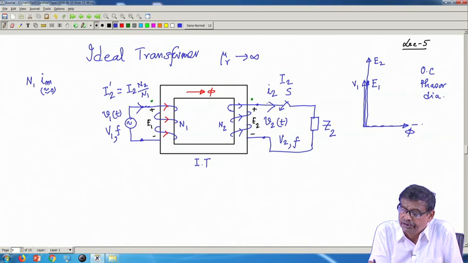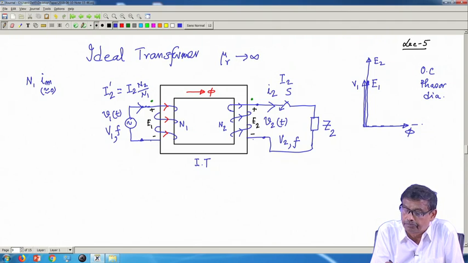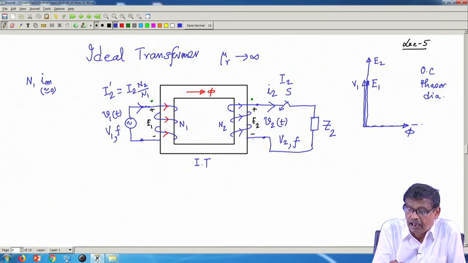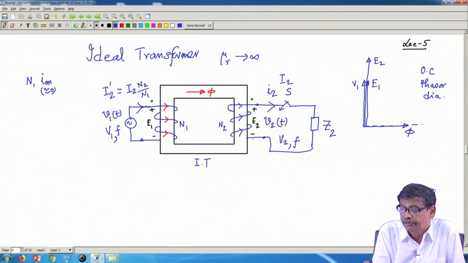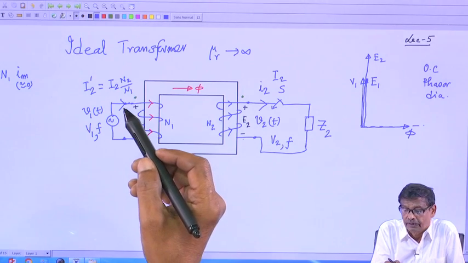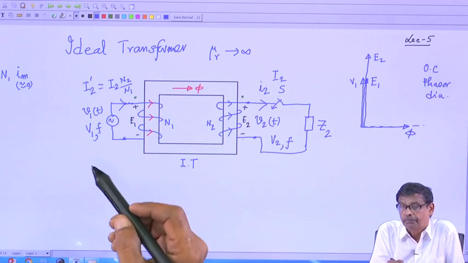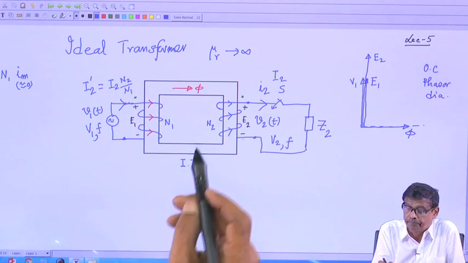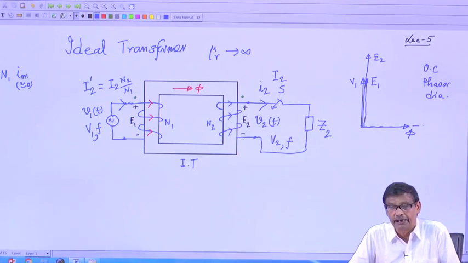I define the potential of this point with respect to this, and I think of the secondary current as leaving the dot, that is the convention I have adopted. If the current leaves through the dot, it must invite current from the source into the dot on the primary side, so that these two MMFs balance off.